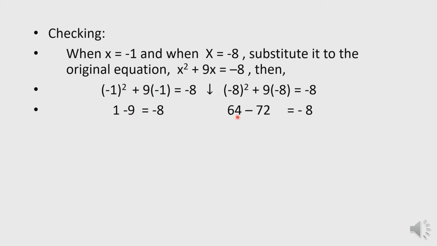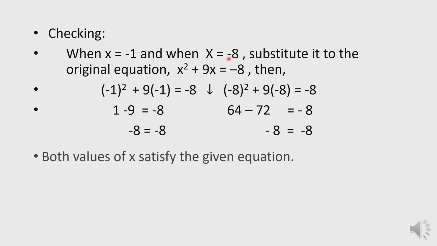And the other one is 64 minus 72 equals negative 8. Then you can see here that both sides of the equation, the left and the right, are equal. Negative 8 is equal to negative 8. And the same thing with the other one when x is negative 8.